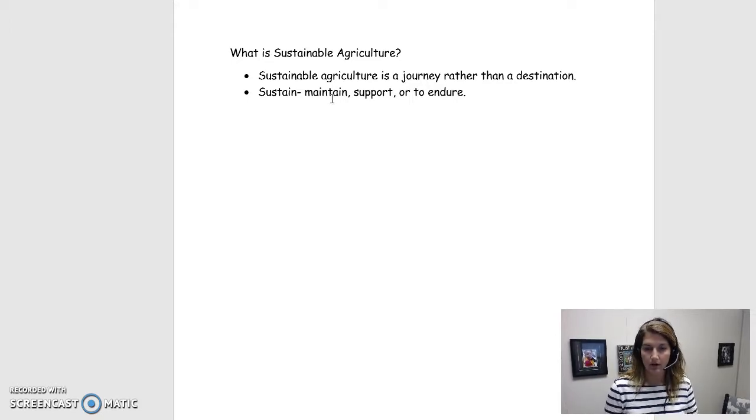So we are either maintaining what we're doing, trying to support a practice that we already do and make it better, or we endure the hard times. The unexpectedly high winds that we had, or the tornado warnings that pop up when weather is not like we think it should be. So those are just a welcome to sustainable.